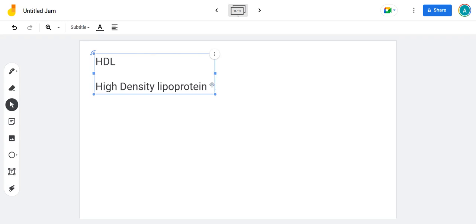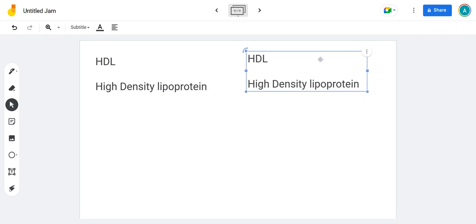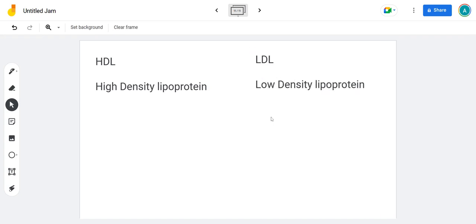And I'll just copy this box to do the equivalent, which is called LDL, over here. It stands for low density lipoprotein. So we've got two molecules, HDL and LDL.